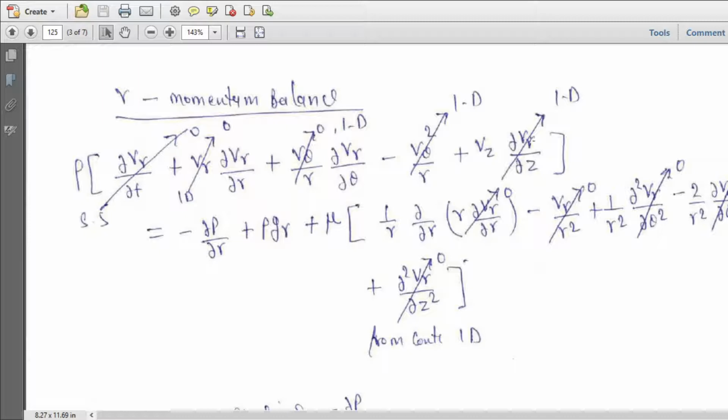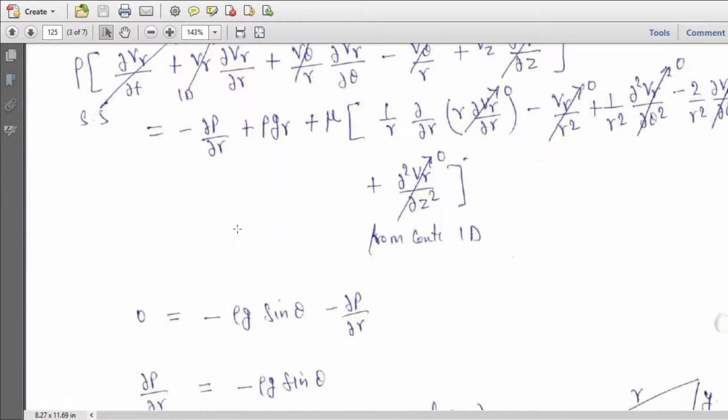So this and this are also 0. Vr you have already put 0 due to one dimensional flow in the z direction, so this is 0. V theta, there is no velocity in the theta direction also, so in the one dimensional flow case, this is also 0. Del Vr upon del z is also 0 because Vr is 0.